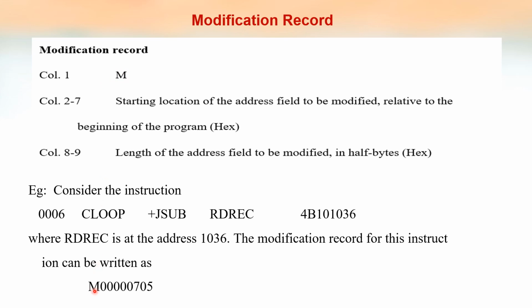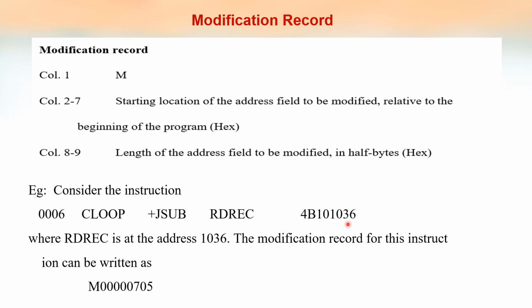So first M is written. Then this JSUB, the object code for this instruction, is 4B101036. In this, the last 20 bits are the direct address.